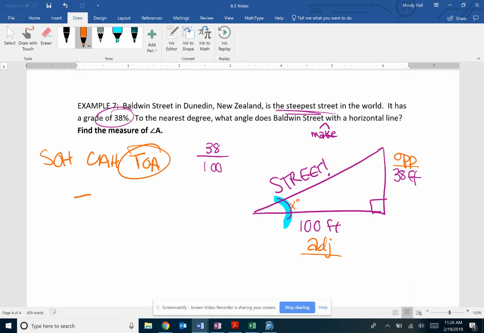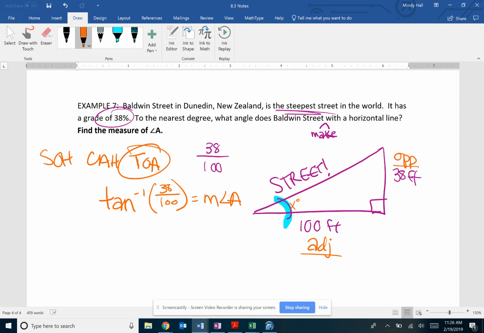And by the way, if you want to write it with the arctangent or arcsine, that's fine. It would just be like that, okay? Or you can write it like that, totally up to you. But since you've been using the inverse way, I'll keep using it. So inverse of tangent, we know the ratio is 38 over 100 because it's opposite over adjacent equals the measure of angle A. Okay, and you can write x instead.